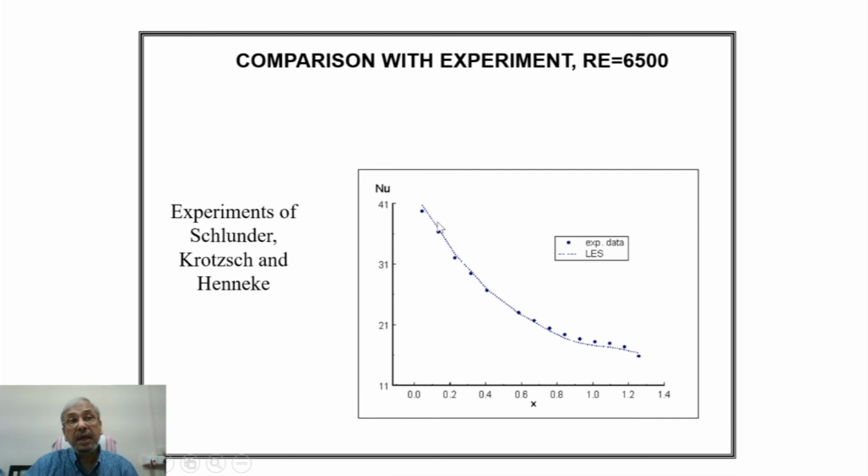This is the span wise average Nusselt number, on one side from the slot jet center line. Those have been plotted and compared with the very carefully done experiment of Professor Schlunder and his group at the University of Karlsruhe.